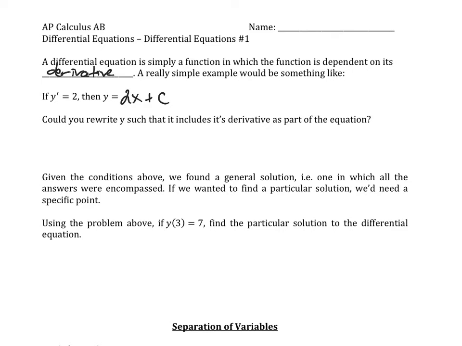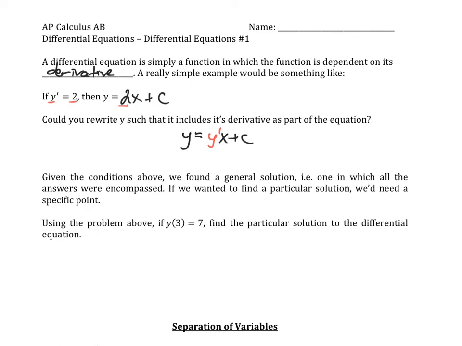Well, can we rewrite y? If you look here, guys, I have y prime is equal to 2, and I have a 2 in that equation for y. So rather than write 2, I could write y prime, because y prime is equal to 2, right? So I could rewrite this as y prime x plus c.